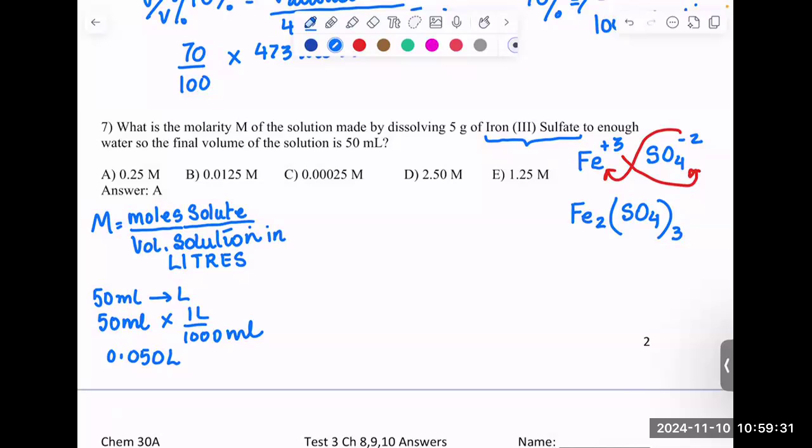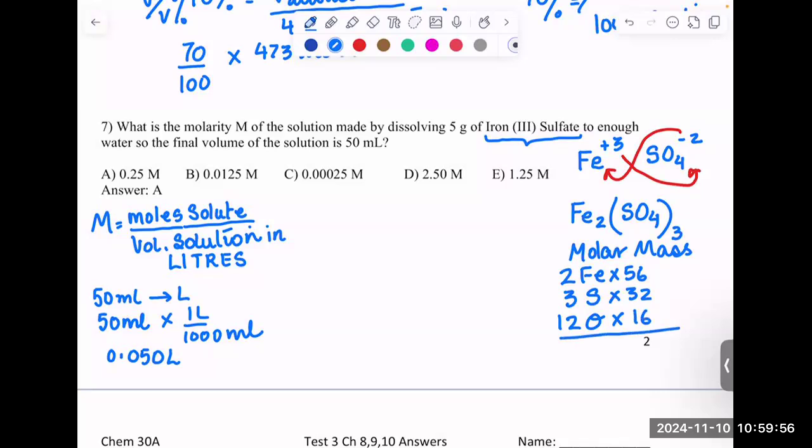Now 5 grams, we need to convert it into moles. So take the molar mass of iron sulfate. Here 2 of iron times 56, and then 3 of sulfur times 32, and oxygen, 4 times 3 is 12, 12 of oxygen times 16.